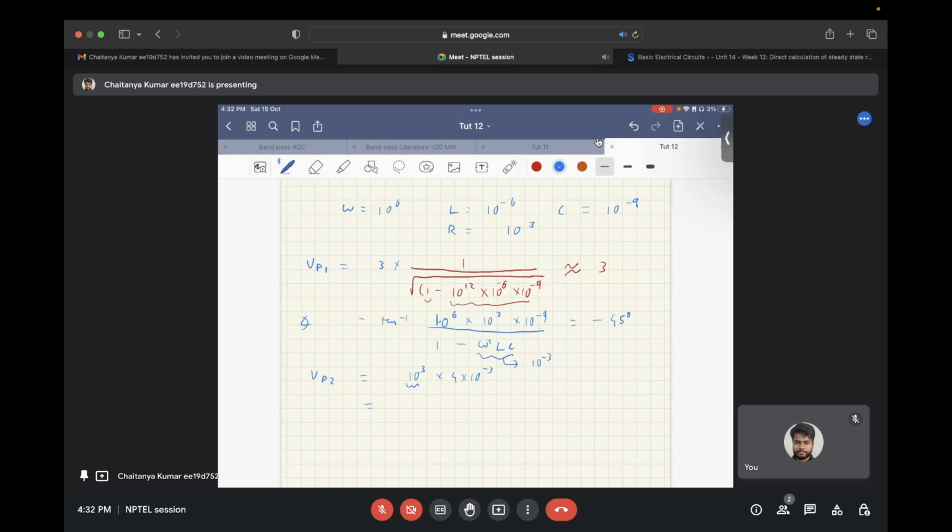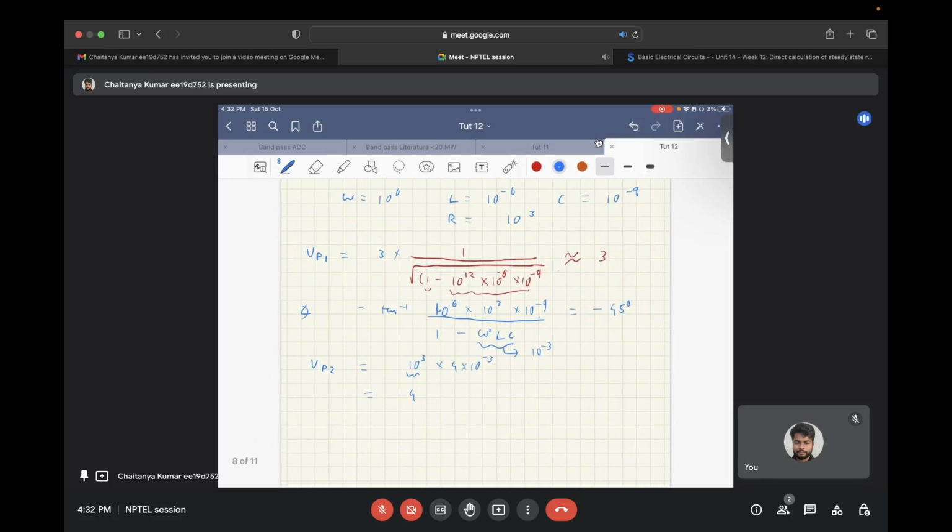So the magnitude due to the current comes out to be 4. So the final V out can be written as 3 cos omega t minus 45 degrees plus 4 sin omega t minus 45 degrees.